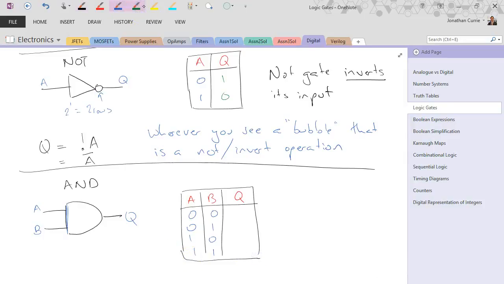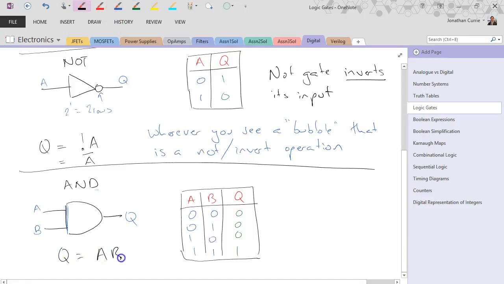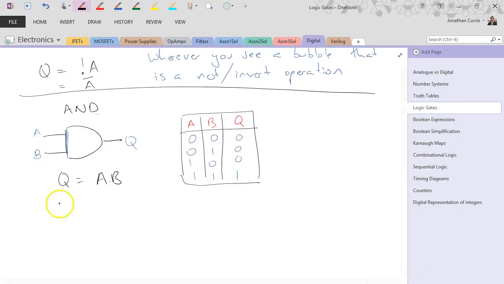In this case, for an AND gate, if A and B, hence its name, then the output is on. Otherwise it's off. And so this is written as Q equals A and B.